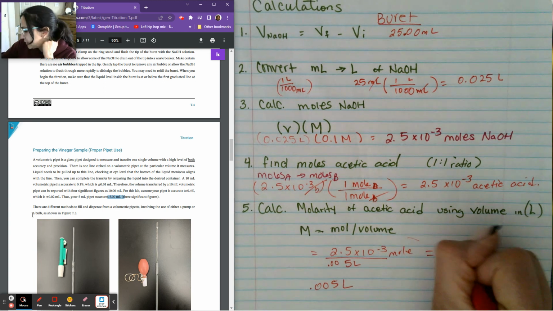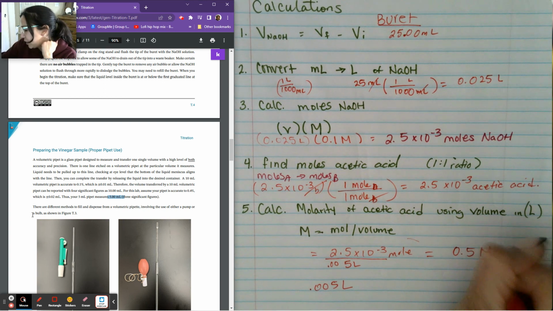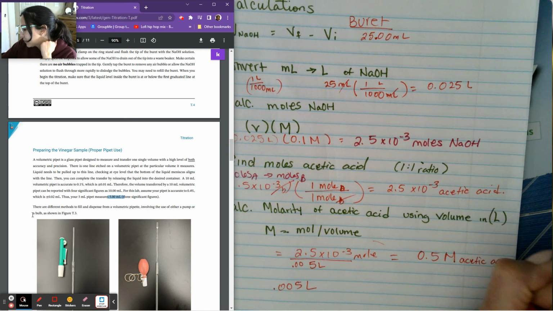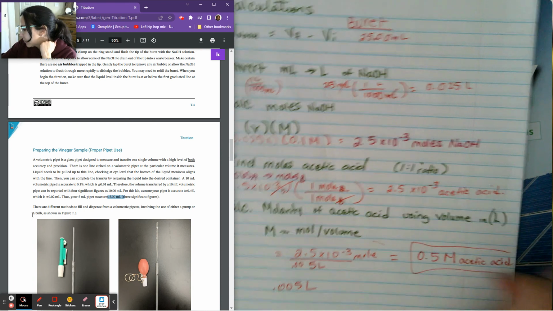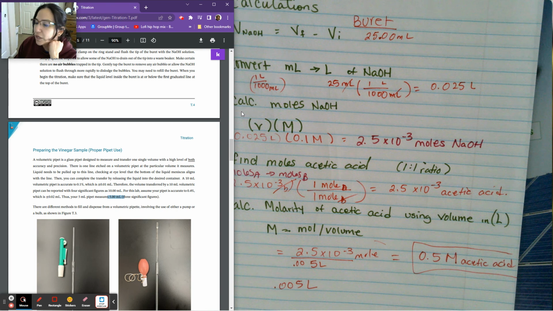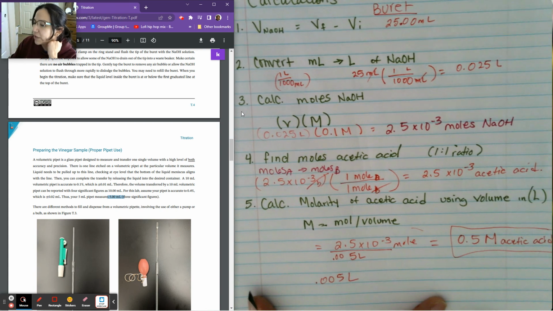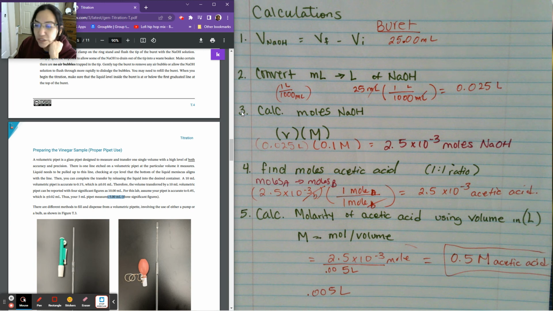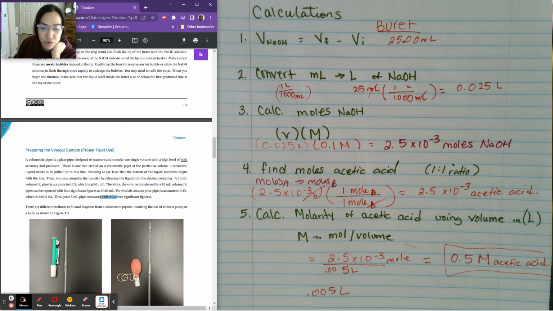And I get 0.5 molarity of acetic acid. And that's all just doing basic calculations, stoichiometry. However, they broke it down into sections, which makes it a little bit easier to understand and actually be able to work on and do.